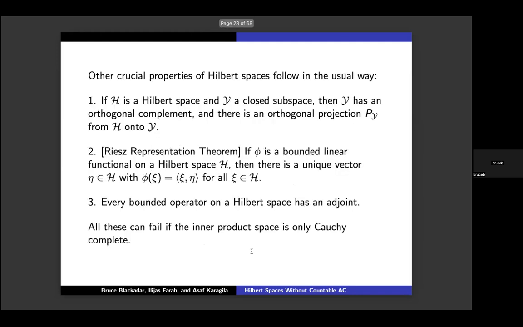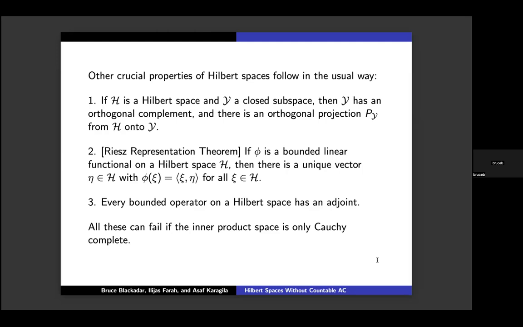Okay, well then you get all of the standard basic properties that Hilbert spaces have. Any closed subspace of a Hilbert space has an orthogonal complement, and there's an orthogonal projection onto the subspace. You get the Riesz representation theorem, that every bounded linear functional on a Hilbert space is inner product with a fixed vector.